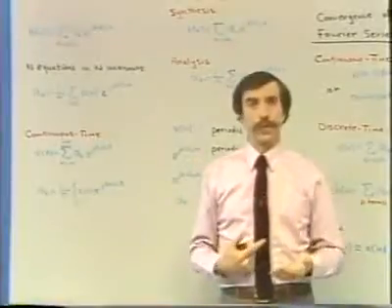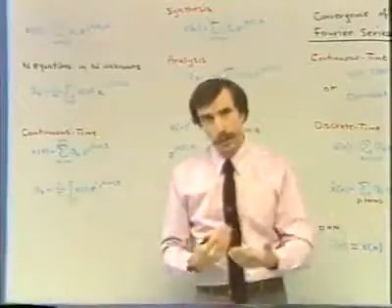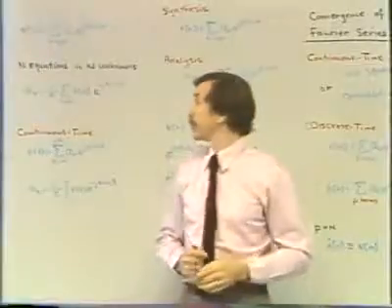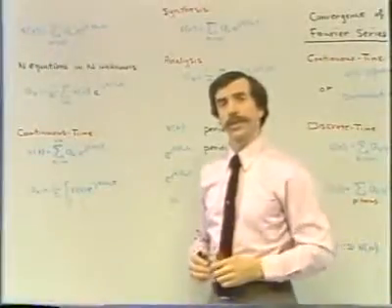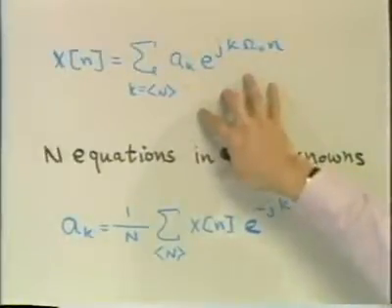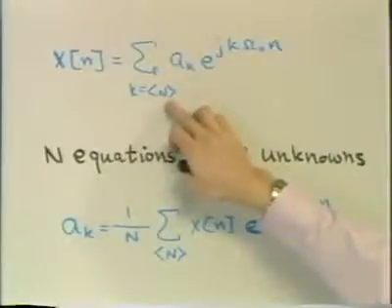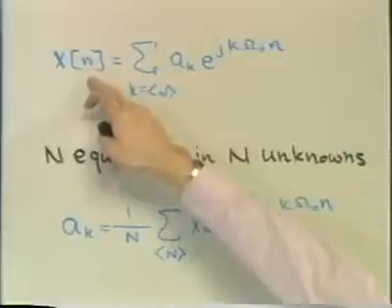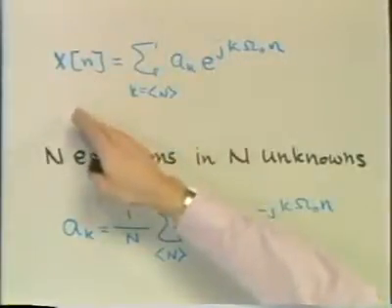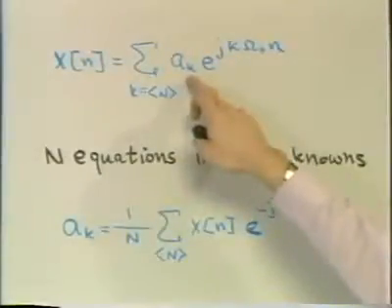Well, we can formally go through this much as we did in the continuous time case, and we do that in the text, which involves substituting some sums and interchanging the order of summation, etc. But let me draw your attention to the fact that this can be thought of as capital N equations in capital N unknowns. In other words, we know x of n over a period, and so we know what the left-hand side of this is for capital N values, and we'd like to determine these constants a sub k.